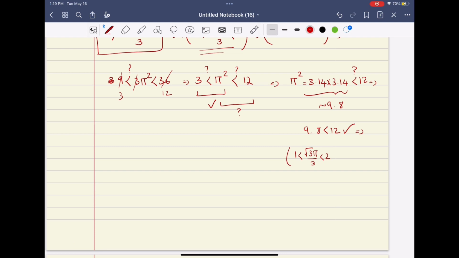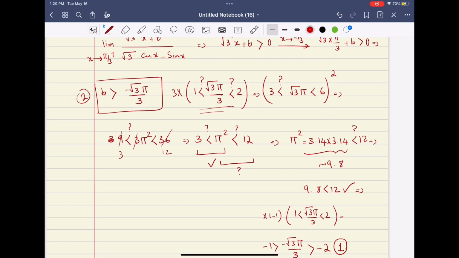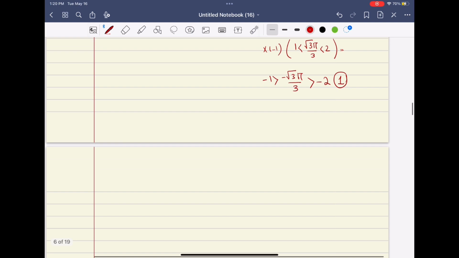Then we are going to multiply the inequality by -1. So it would be -1 greater than negative root 3 over 3 pi greater than -2. This would be the first part. The second part is b greater than negative root 3 over 3 pi. So we are going to combine these two and see what we have.